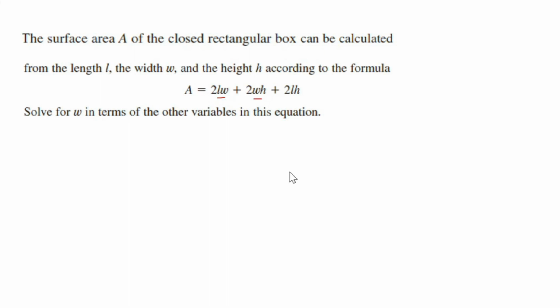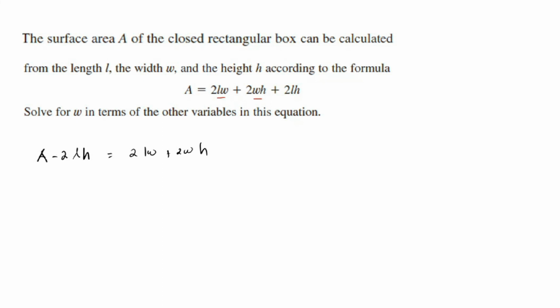So first, what I'm gonna do is that I'm going to transpose the third term on the left hand side, since this is the only term that has no variable W. So I can write now as A minus 2LH is equal to 2LW plus 2WH.